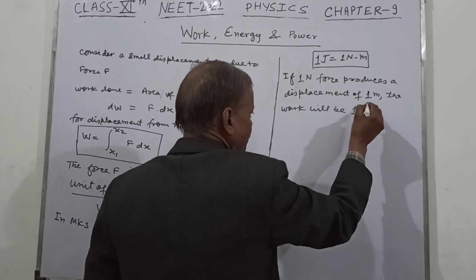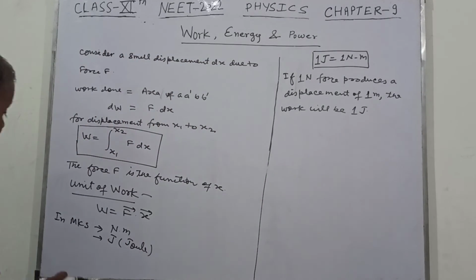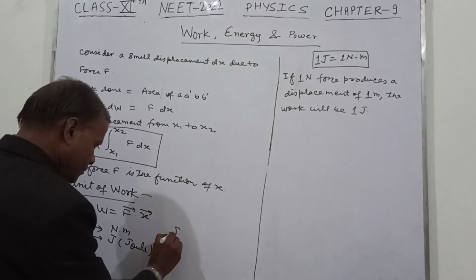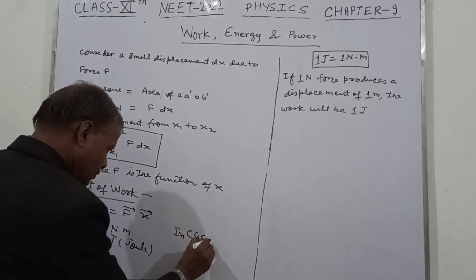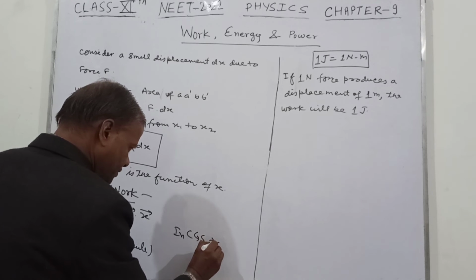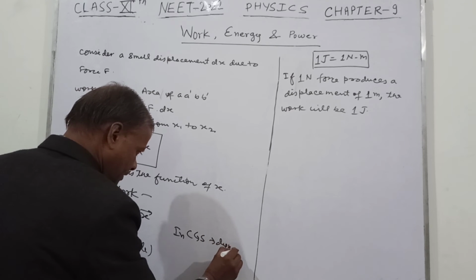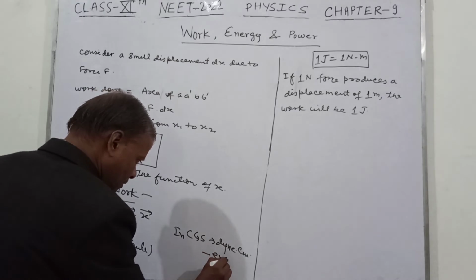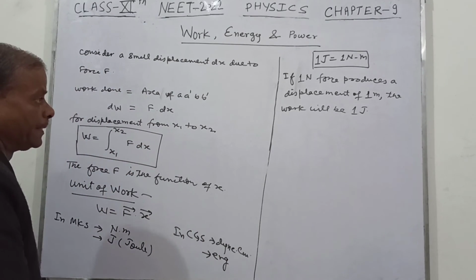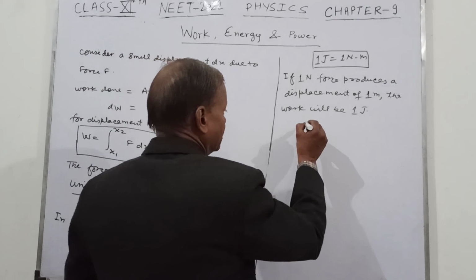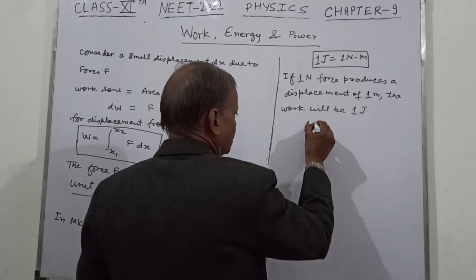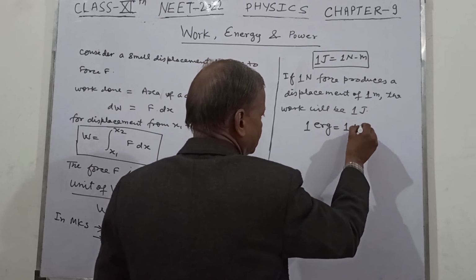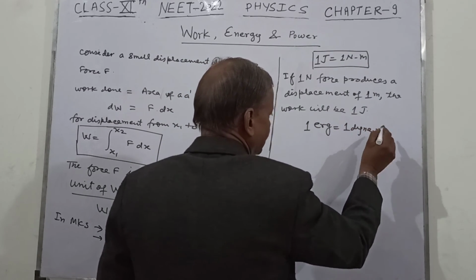Now this I am taking in MKS, and then in CGS we have the dyne centimeter, which is also called the erg. So we have 1 erg equal to 1 dyne centimeter.